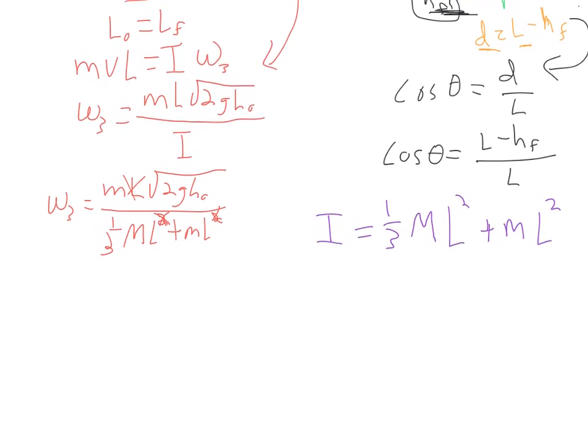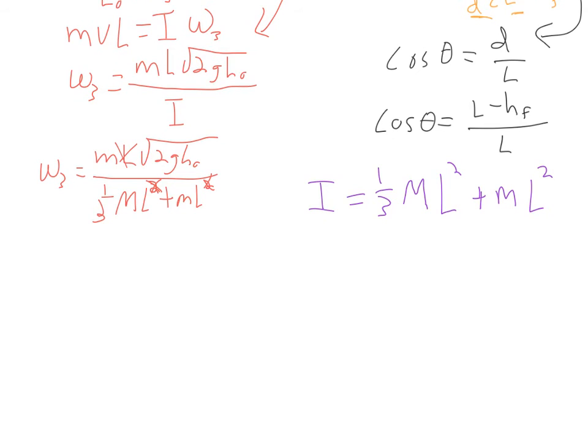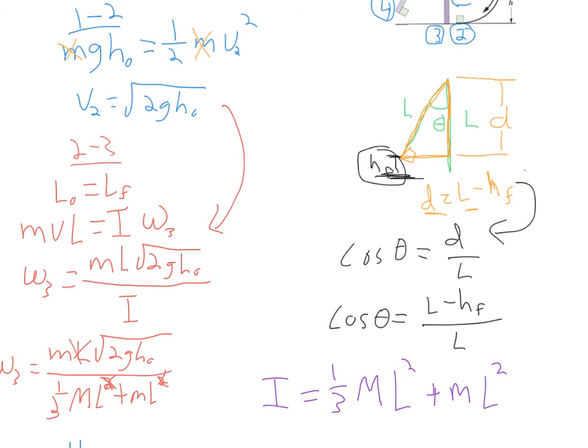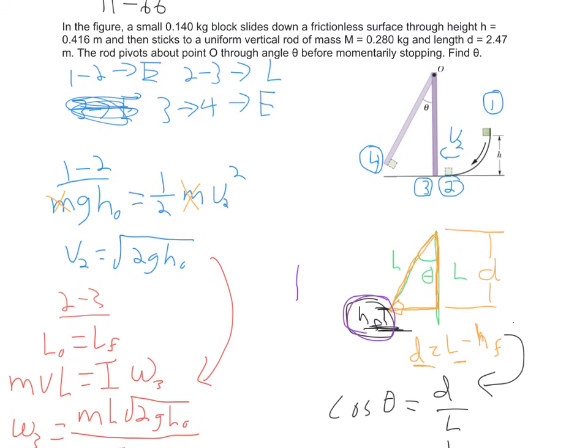Oh boy, howdy. Okay, so now we want to look at our final step, which is going from point 3 to point 4, where we're going to use energy again in an attempt to figure out what our H value is. For those of you that don't remember, this H value here. If you're not really clear what that H value represents, I'll go back up to my picture.